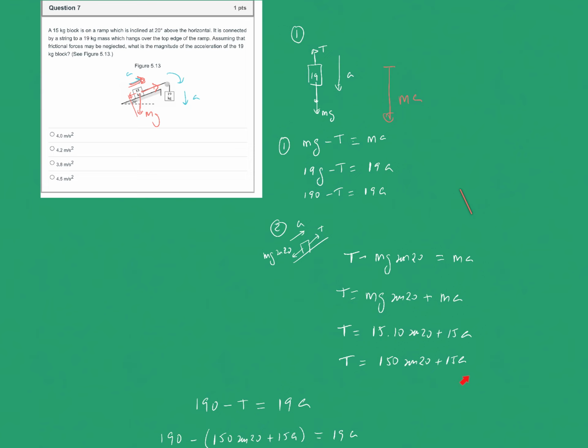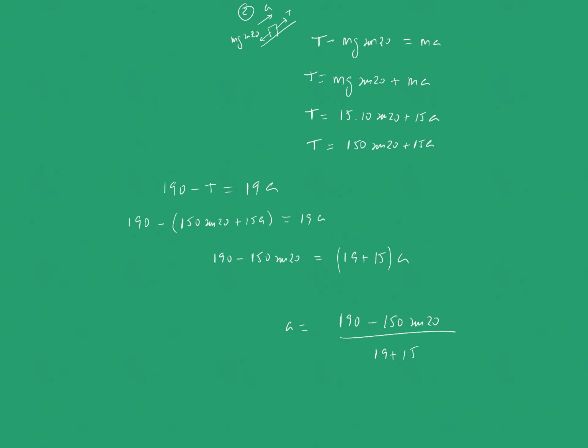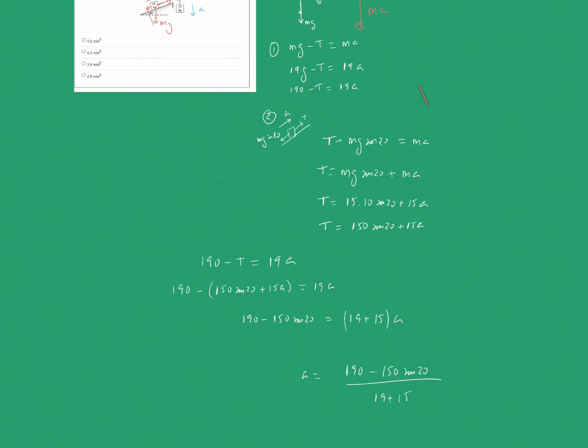How will I find the acceleration? Well, I know the tension, and this tension is the same tension as here. I will replace this amount here and solve for a. So the 190 minus T equals 19a, so 190 minus T minus all this equals 19a.